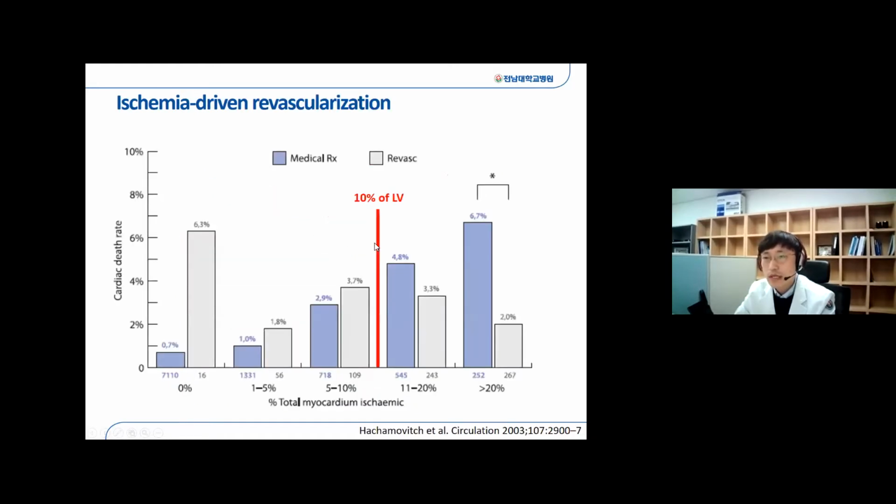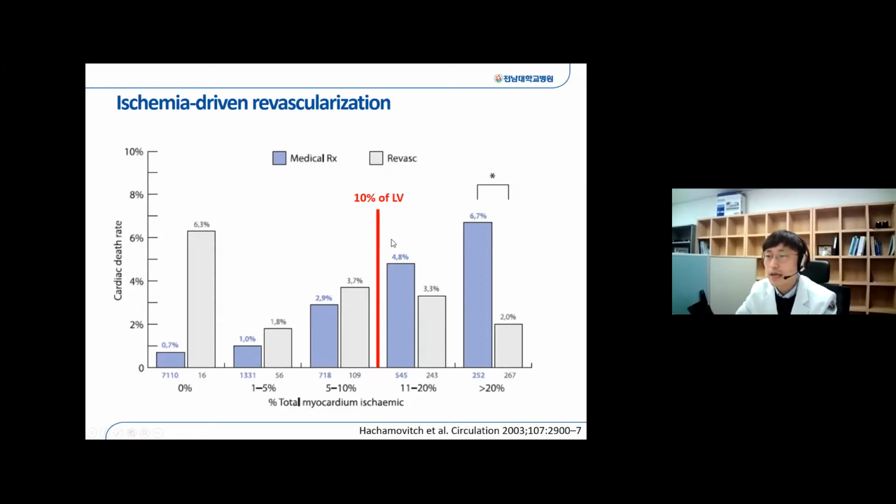And what about non-invasive imaging? Here, this is a study in the United States in the year 2003, and it was quite a large retrospective study, which included around 10,000 patients with stable chest pain.